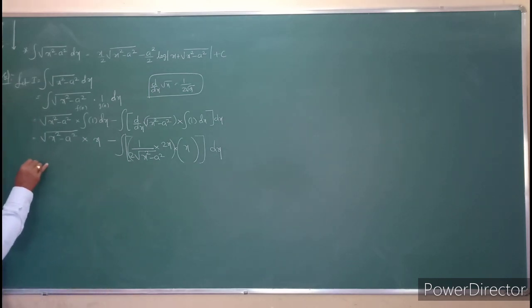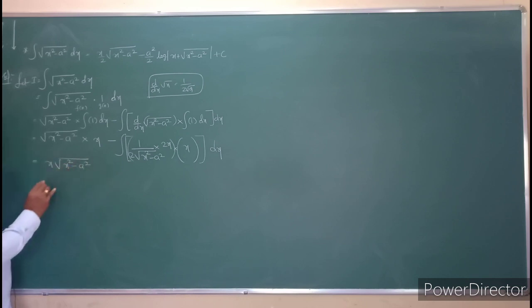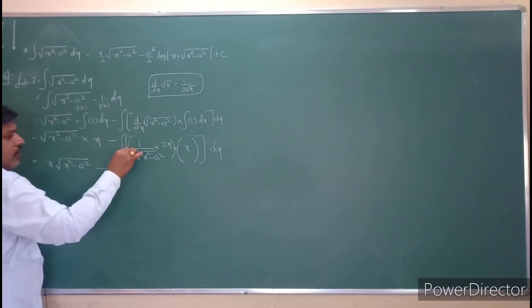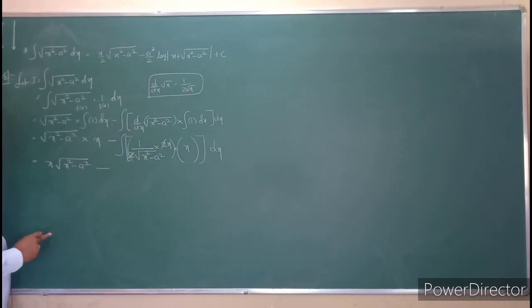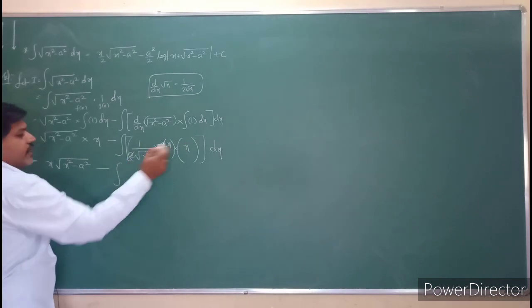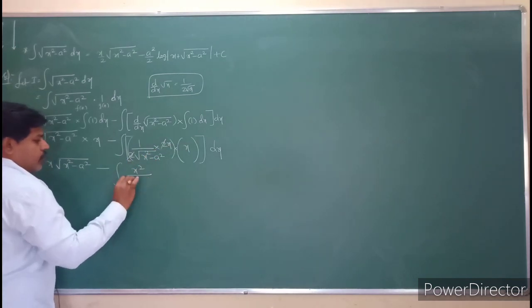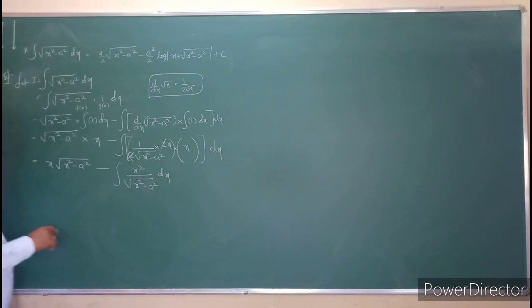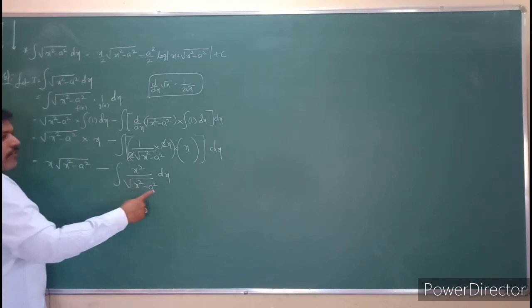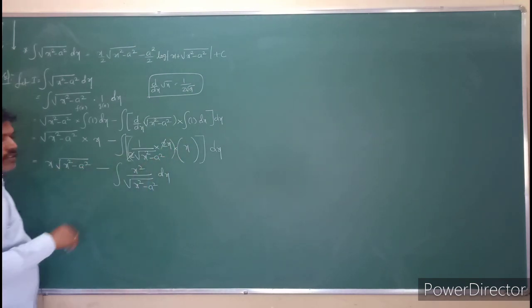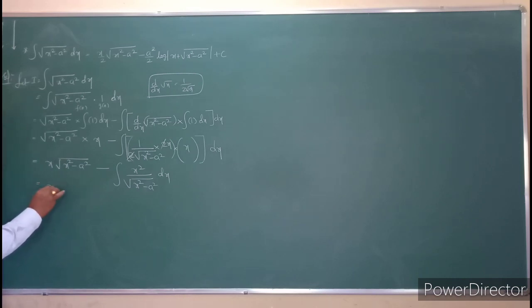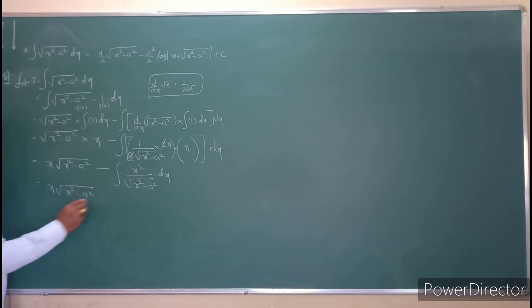So that implies x into root of x square minus a square, minus, here the 2 will be cancelled, the integral of x into x, which becomes x square by root of x square minus a square into dx. X into x is x square, that's all. So that implies x into root of x square minus a square minus.